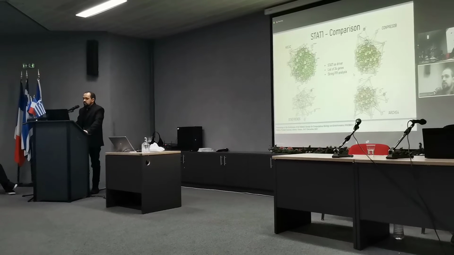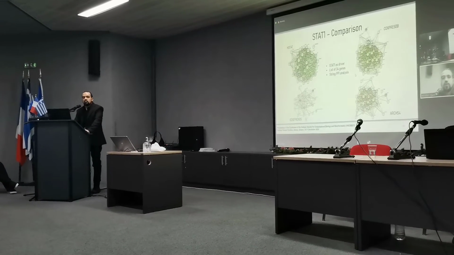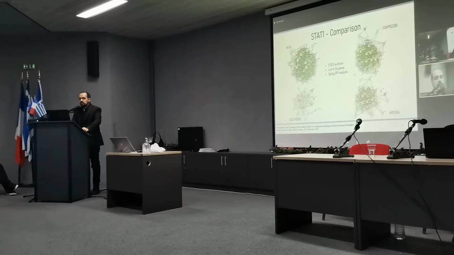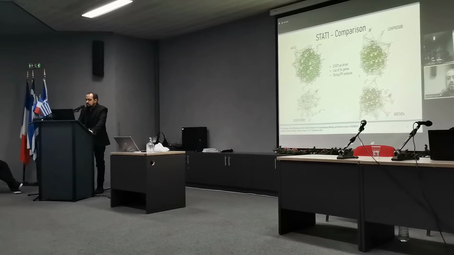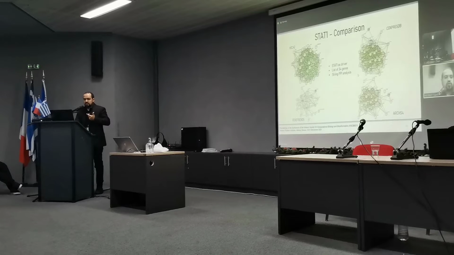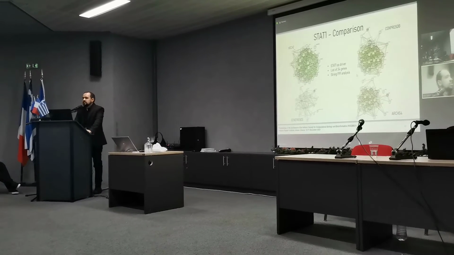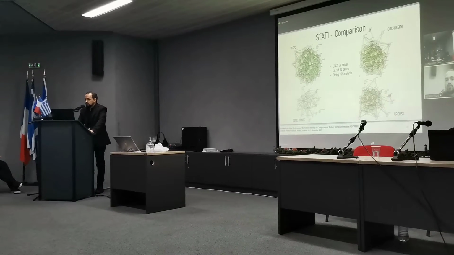Then we used each list as input to STRING to get four different protein-protein interaction networks. And judging by the network density, it seems that HGCA2 outperforms the rest of the tools.